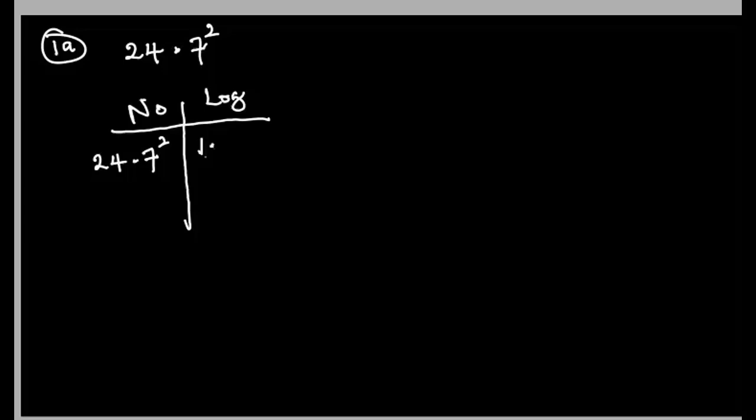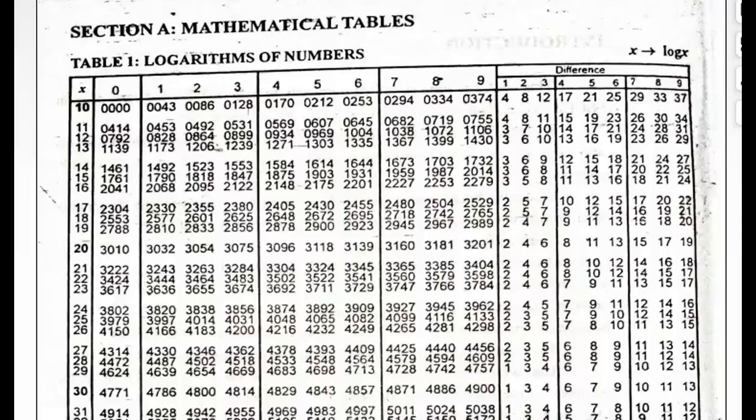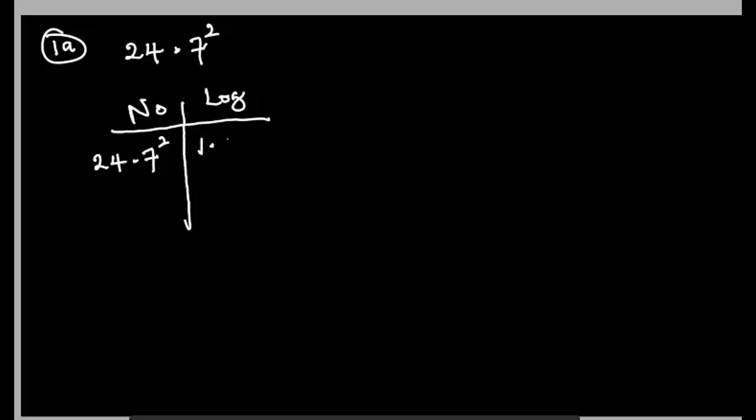And then point. We now look for 24 under 7. So 24 under 7 is 3927.